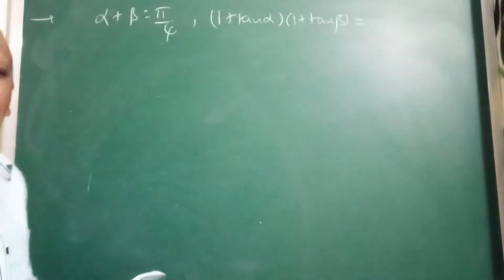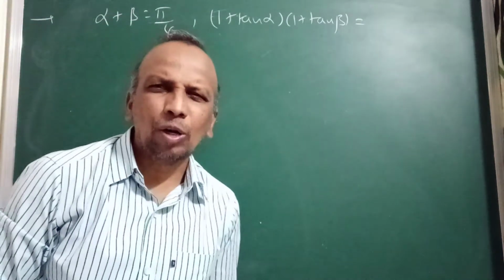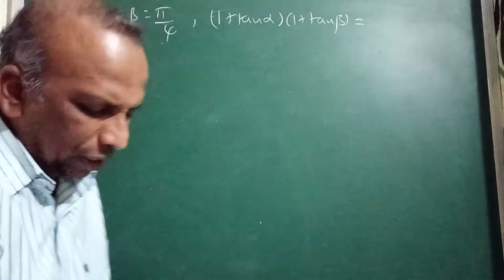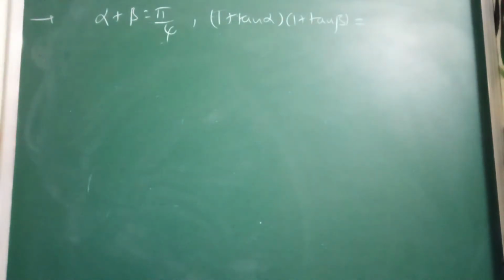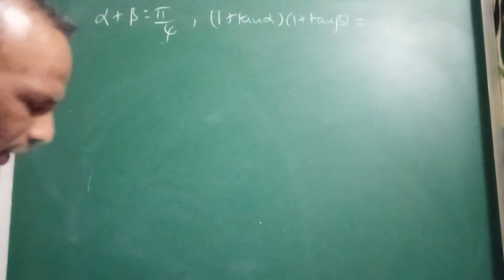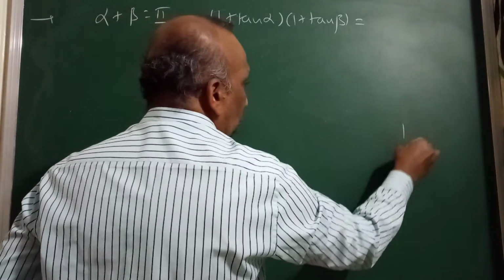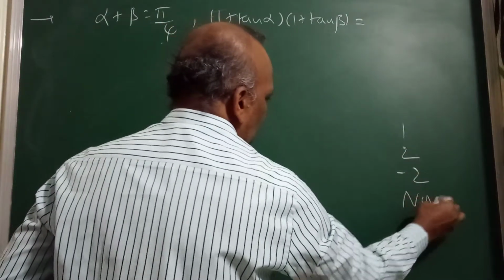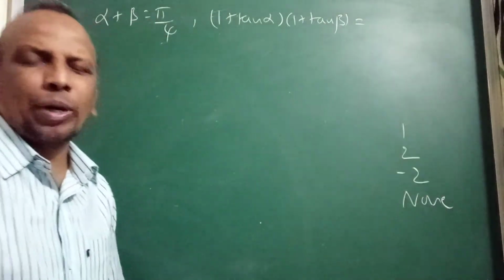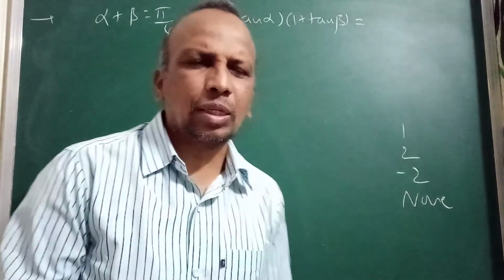The options are 1, 2, minus 2, none of these. So they are asking that value.